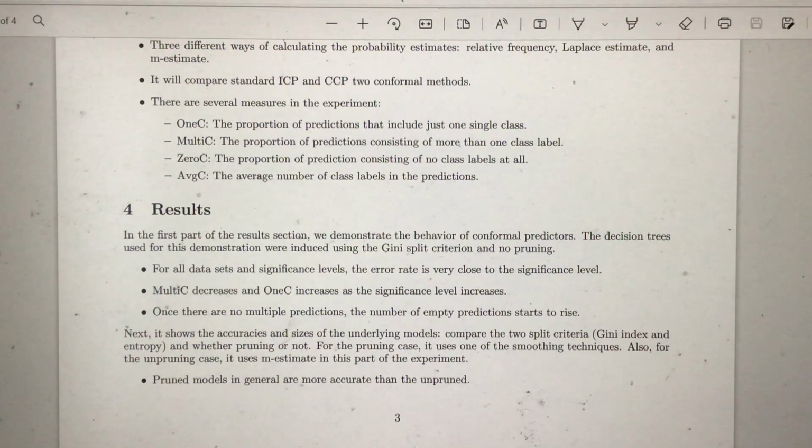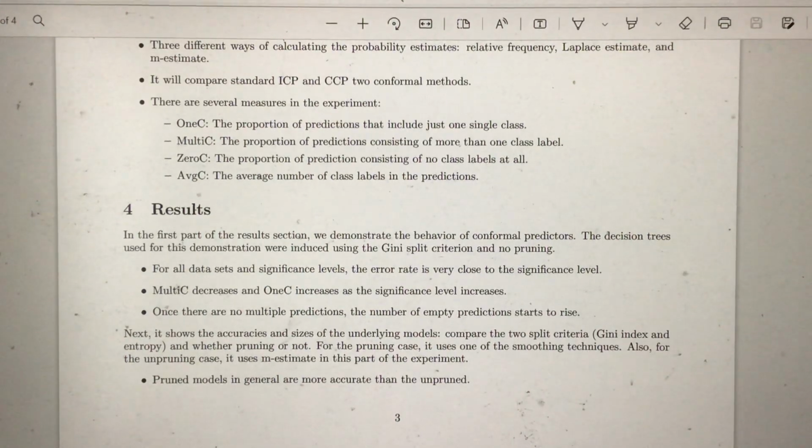Okay, so the next one shows the accuracies and size of the underlying models. They compare two split criteria, Gini index and entropy, and whether pruning is used or not. For the pruning case, it used one of the smoothing techniques, and for the unpruned case, it used the M estimate in this part of the experiment.